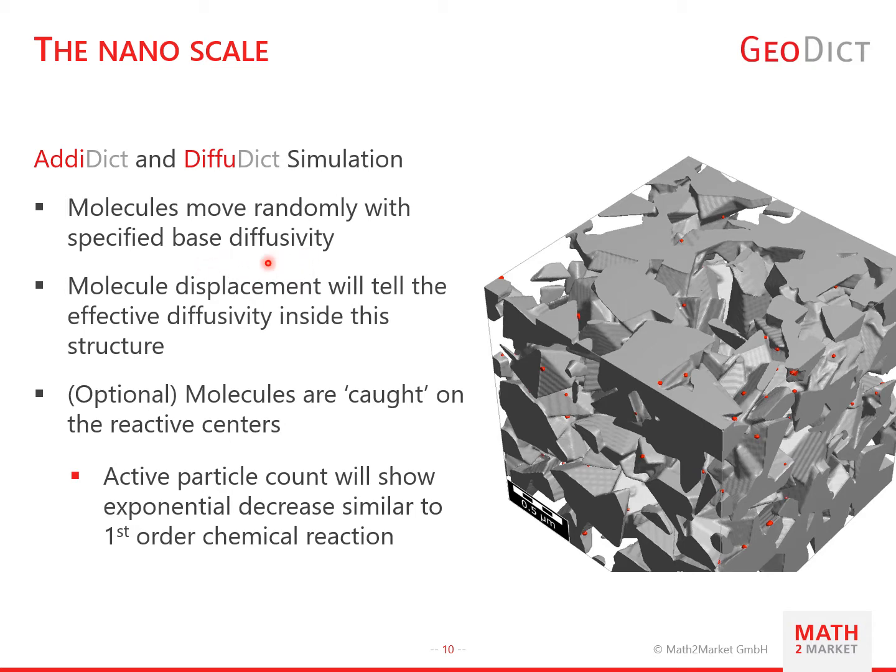After the simulation has finished, we can see how far our particles traveled by the displacement, and this tells us the effective diffusivity of our structure. Additionally, I added that the molecules can be caught on these reactive centers, simply to simulate some kind of first order chemical reaction that you will see later.